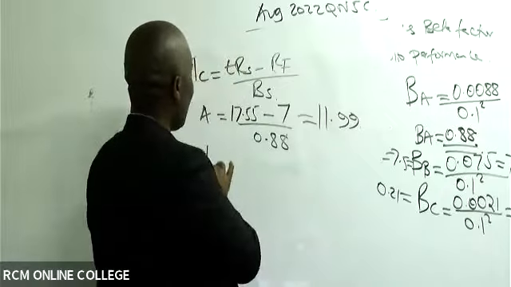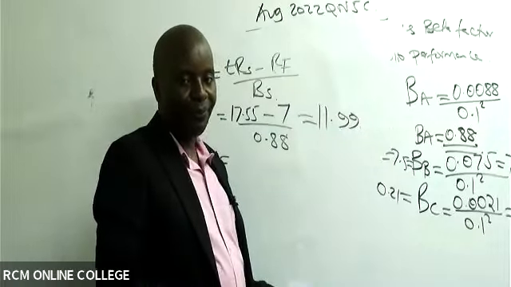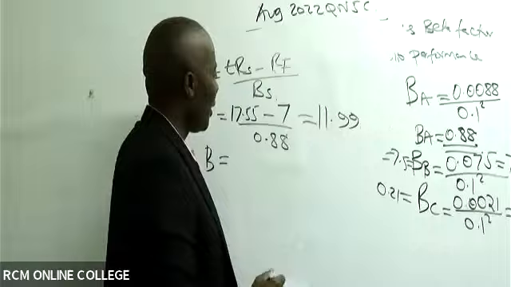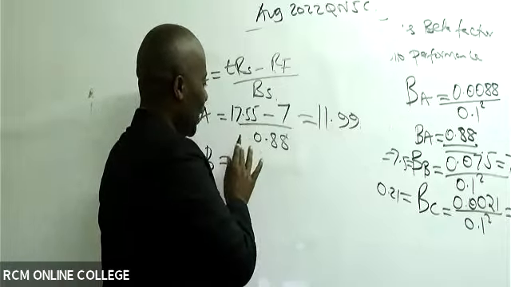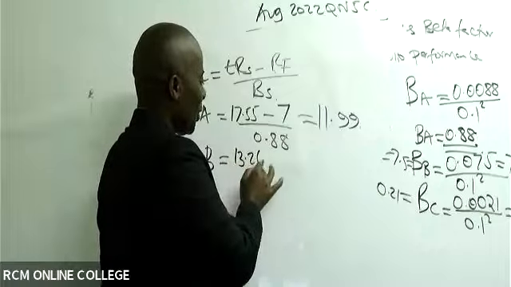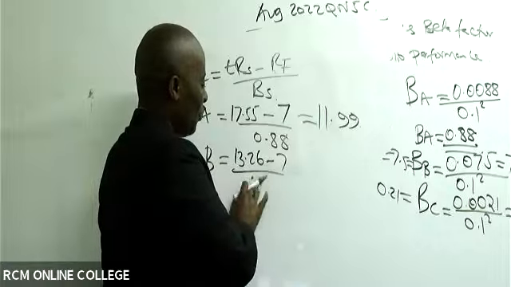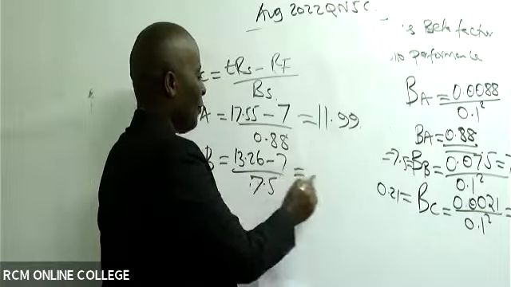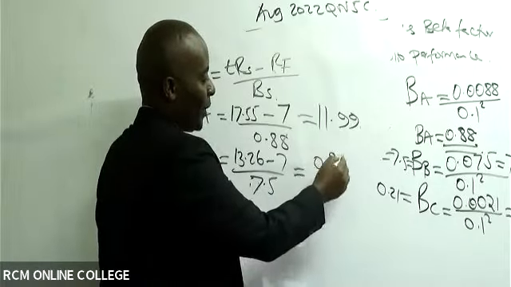So then go ahead and give us for B. For B, what do we have there? 13.26 minus 7 over 7.5, isn't it? Which will end up giving me what figure? 0.88.